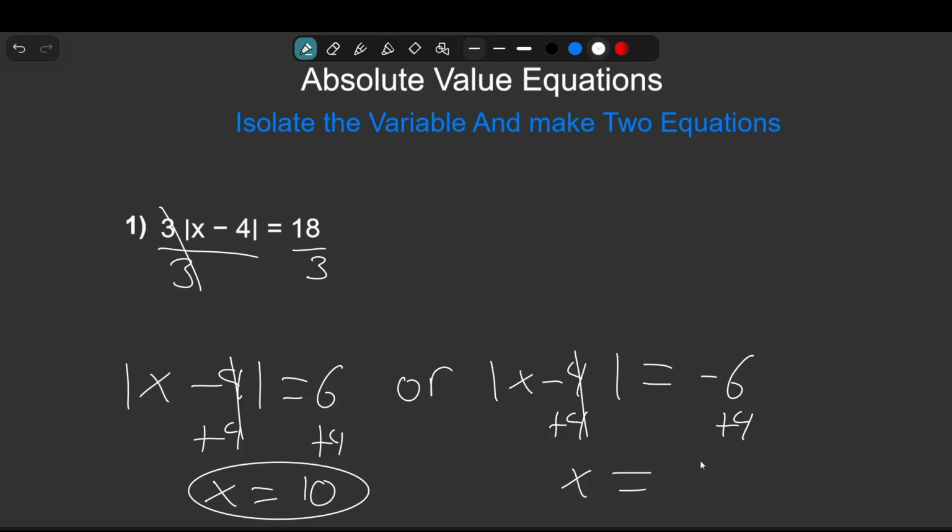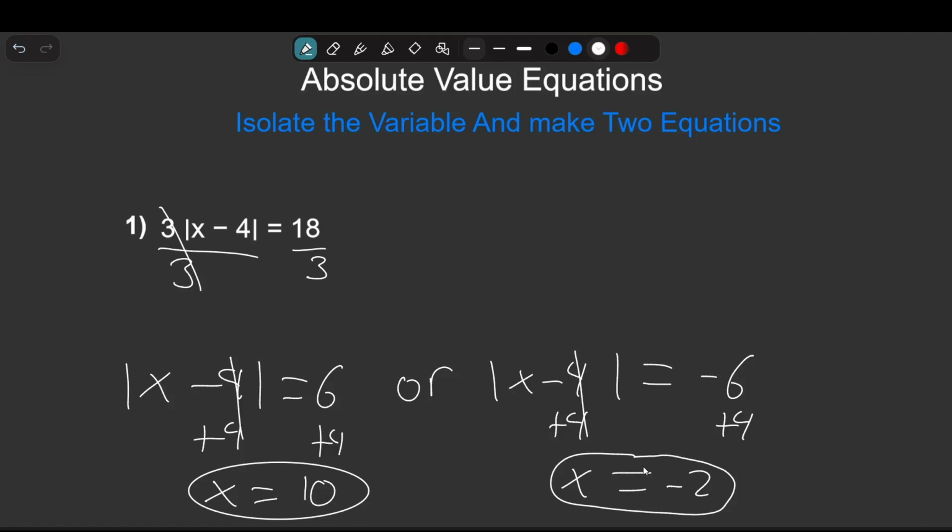And then we have x equals minus 6 plus 4. Minus 6 plus 4 is going to equal minus 2, because we are adding a positive number to a negative number. This means the value of the number is going to go up. So this will be our second final answer.